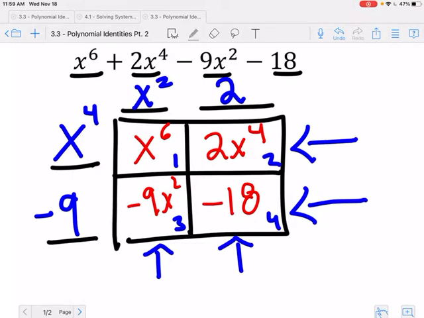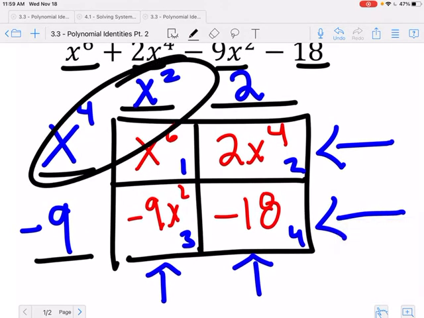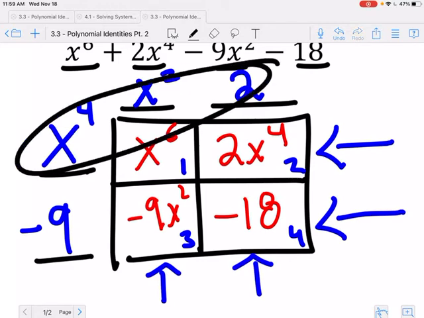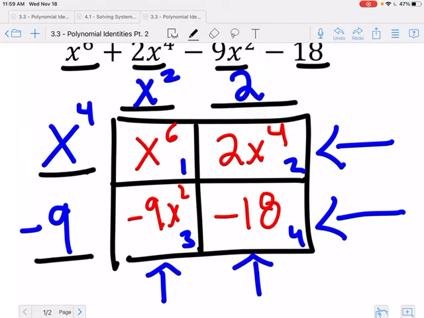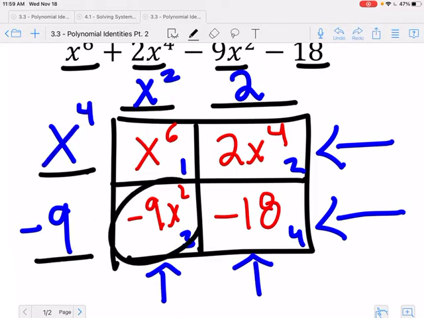I'm going to go ahead and check my answer real quick. All right. Now, how can I check my answers? Well, check the multiplication. x to the power 4 times x squared equals x to the power 6. So it works. 2 times x to the power 4 equals 2x to the power 4, which matches my answer, so it works. And then I have -9 times x squared, which equals -9x squared, so it works.